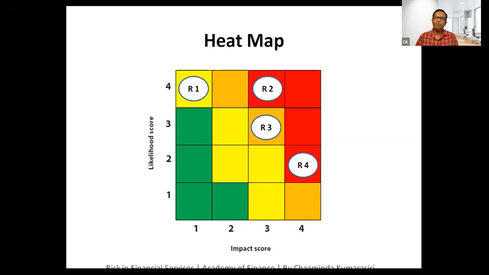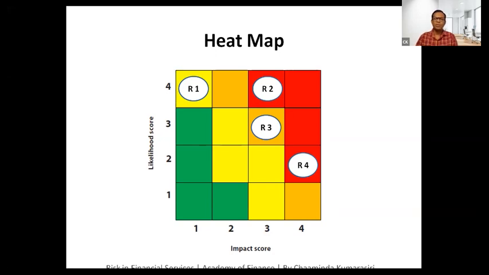Same way for impact, you can have a value; under up to 1,000 you can say 1, 1,000 to 10,000, 2. Likewise, you can have cutoffs. As I told you, it's highly adjustable. Each organization can decide how you score. There's no hard and fast rule to say 1 should be below 100,000, 2 should be 100 to 200. That's entirely in the hands of the organization.